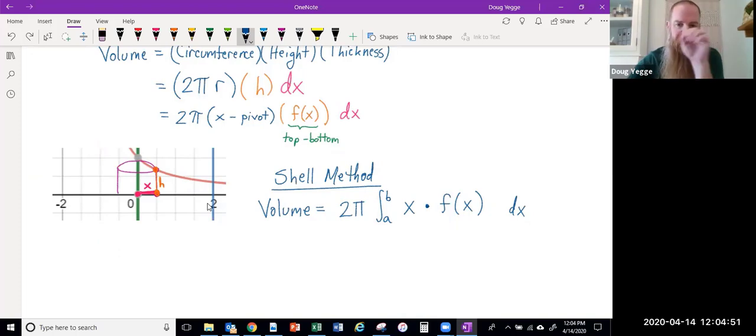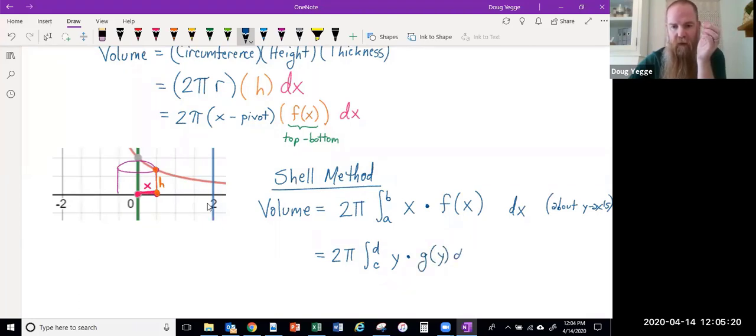Now, if you were rotating about the y-axis, right? But if you were rotating about the x-axis, notice that now you would be going from c to d of y times whatever the function of y is, dy.